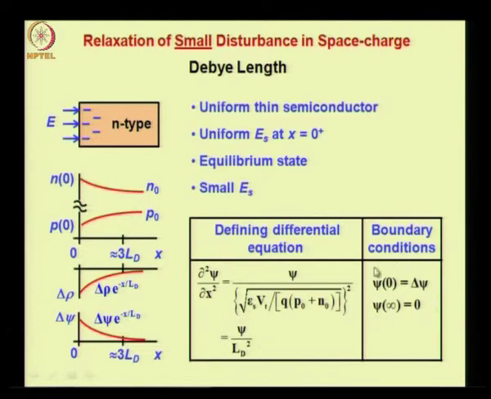Here you have two boundary conditions and the potential varies exponentially. So it decays from an elevated value of delta psi to 0, which is assumed to be 0 inside. This decay happens over 3 times the Debye length, as in the case of the space charge which decays over 3 times the Debye length.